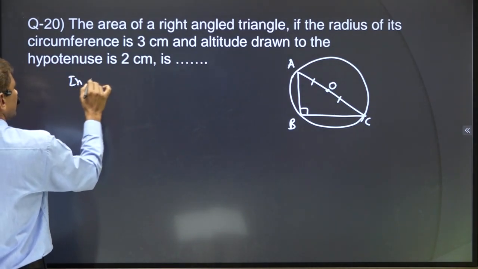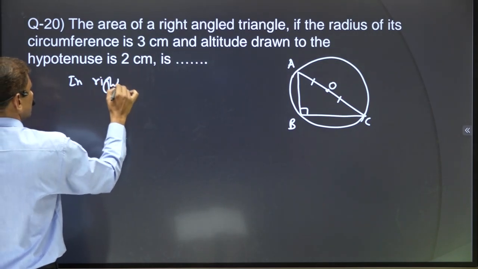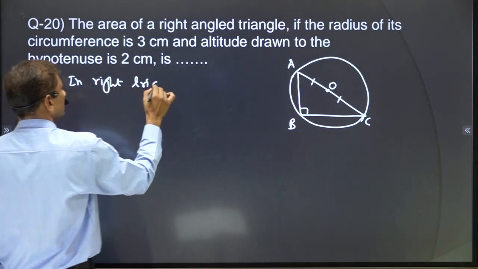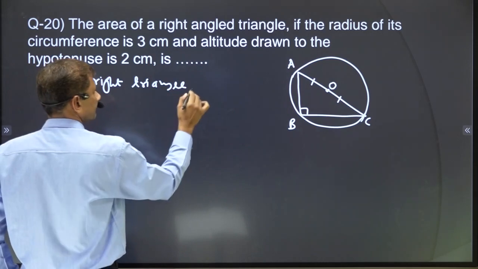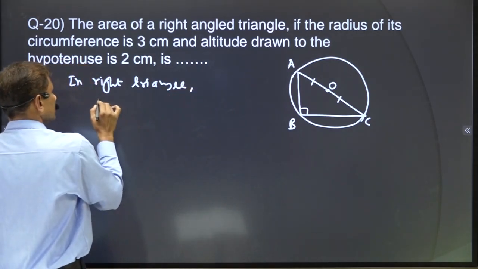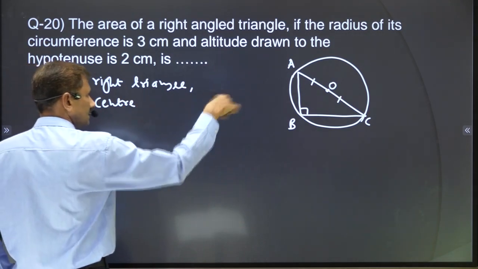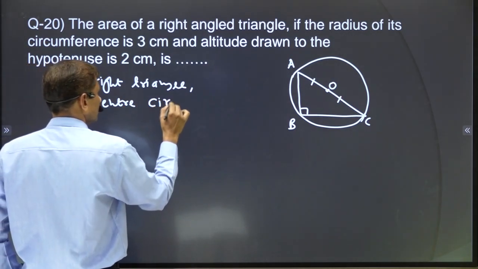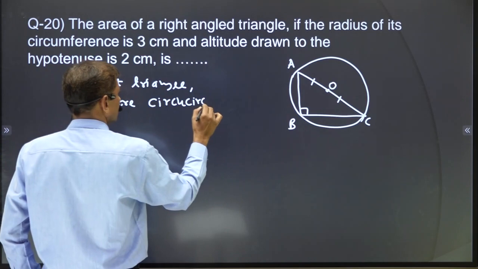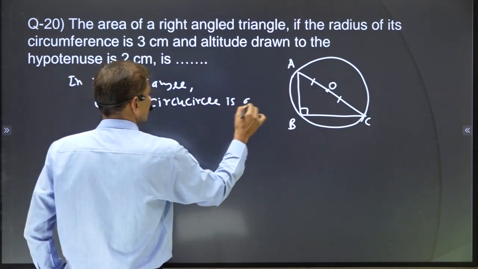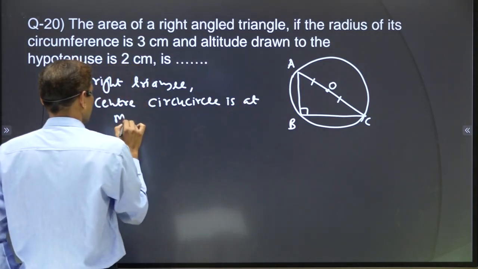in a right triangle, the center of circumcircle is at the midpoint of hypotenuse. This is called circumcircle.